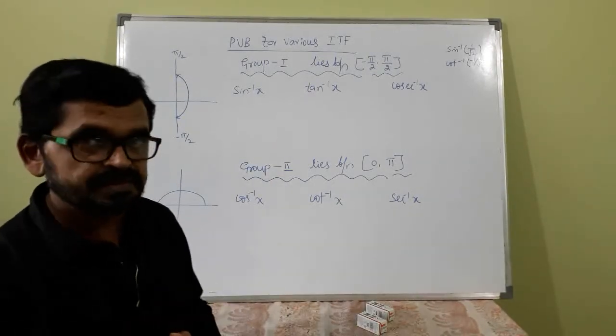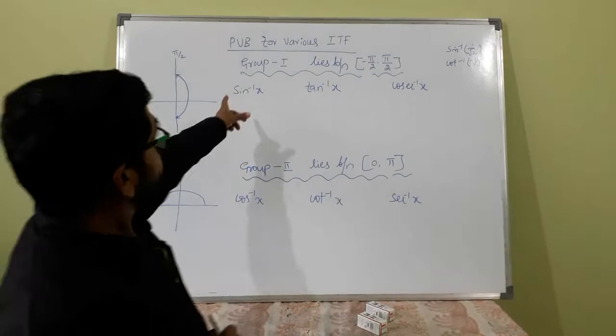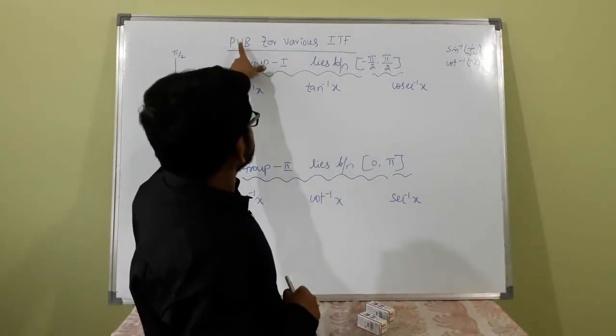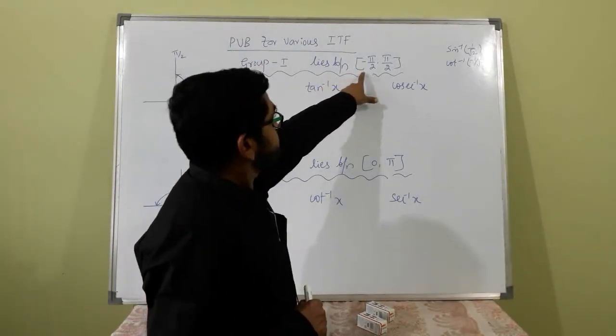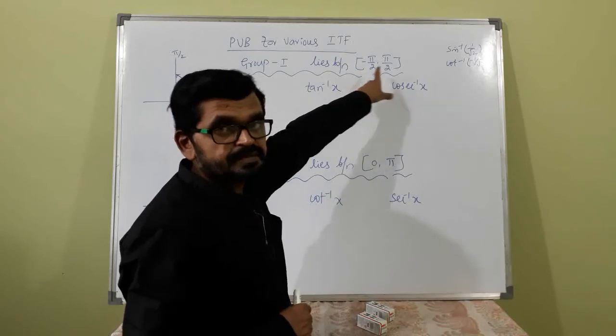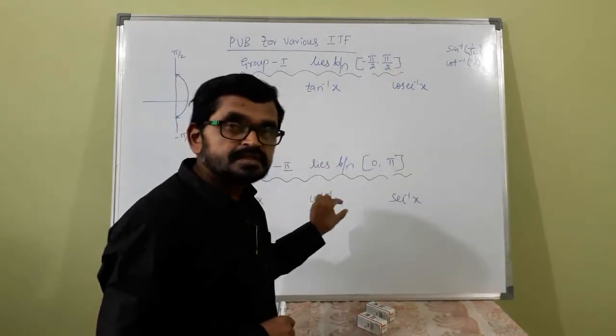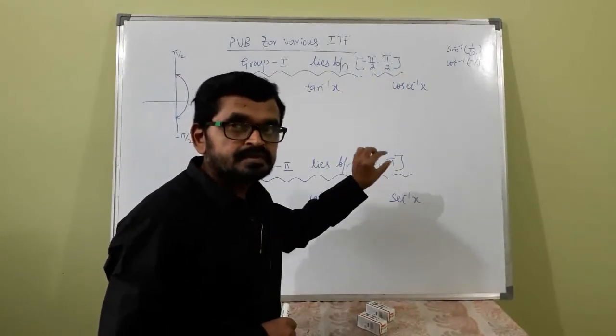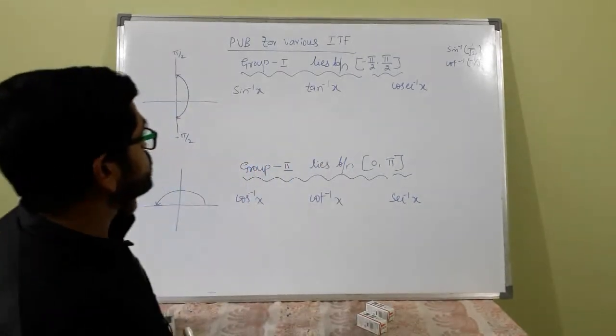In the first type, the principal value branches lie between minus π/2 to π/2, and another group is 0 to π.